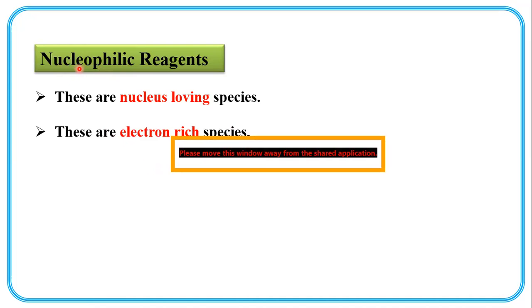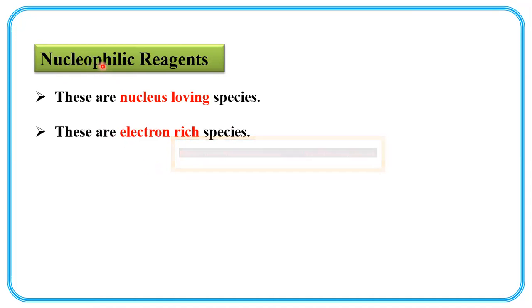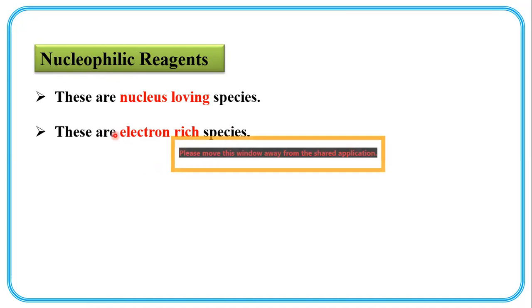Nucleus is positively charged because of protons, and they are having affinity with nucleus. Affinity with positive charge means they have deficiency of electrons, a deficiency of positive charges means they are electron rich species.